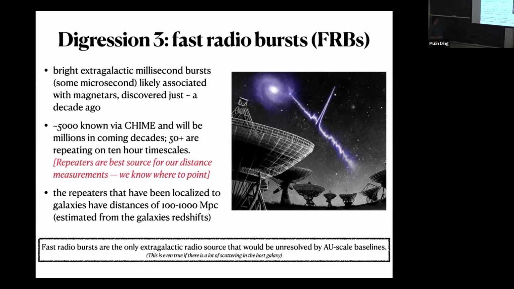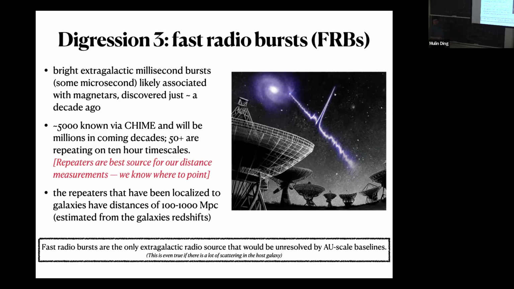Conveniently, many of the repeaters we have localized to galaxies because we know they're repeating. We can put an interferometer on them to figure out where they're coming from, and they're at distances that are really convenient for our purpose of measuring distance. They're distances of 100 to 1,000 megaparsec.